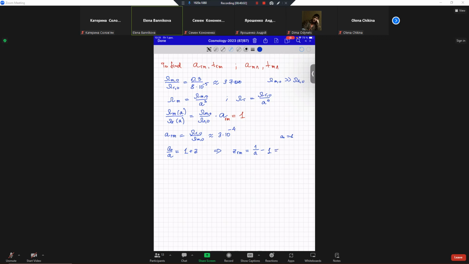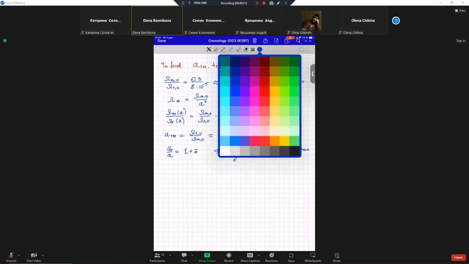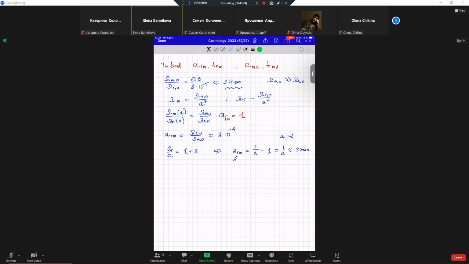The minus 1 is not important, just 1 divided by A in this case, and it's again approximately this value. This is the redshift, and let's put it in a frame. This is the value when omega r equals omega m.